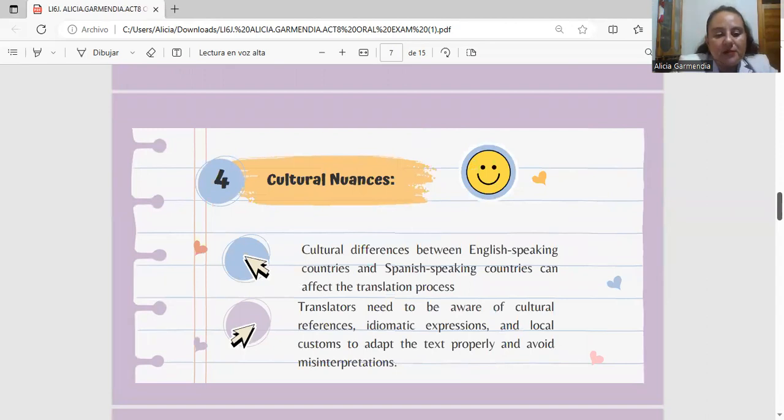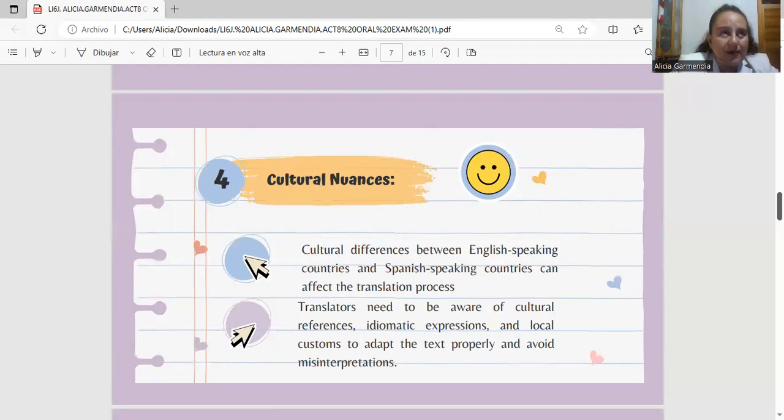The cultural nuances. Cultural differences between English-speaking countries and Spanish-speaking countries can affect the translation process. Translators need to be aware of cultural references, idiomatic expressions, and local customs to adapt the text properly and avoid misinterpretations.